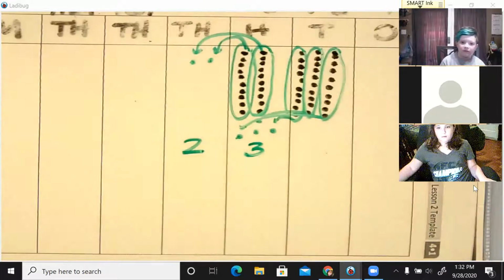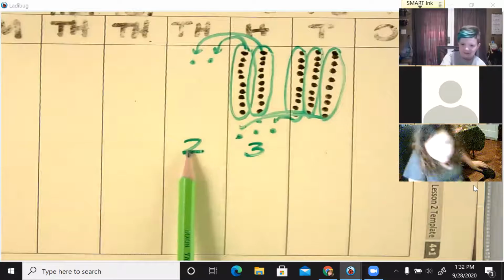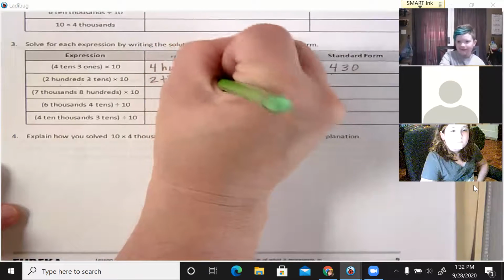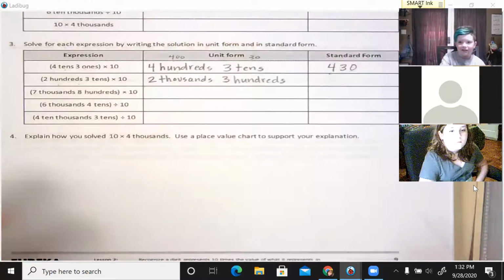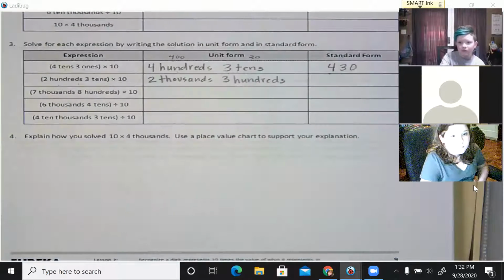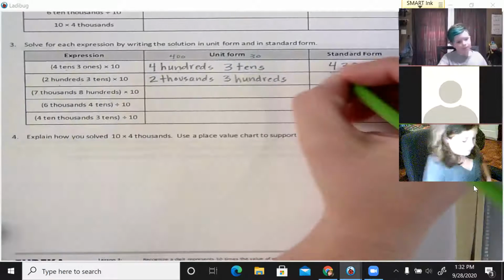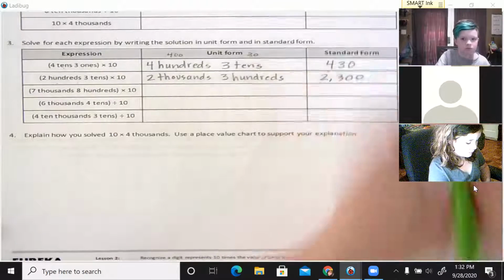Okay, so now I'm going to get back to my workbook page, and I'm going to write 2 thousands and 3 hundreds. How would I write that number in standard form? Peyton, how do I write 2 thousands, 3 hundreds? 2,300. Very good.